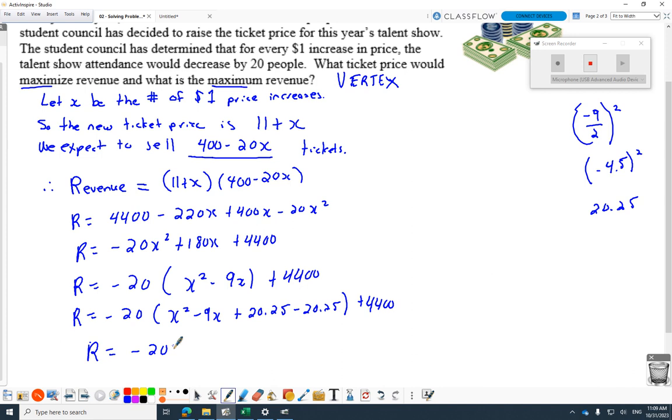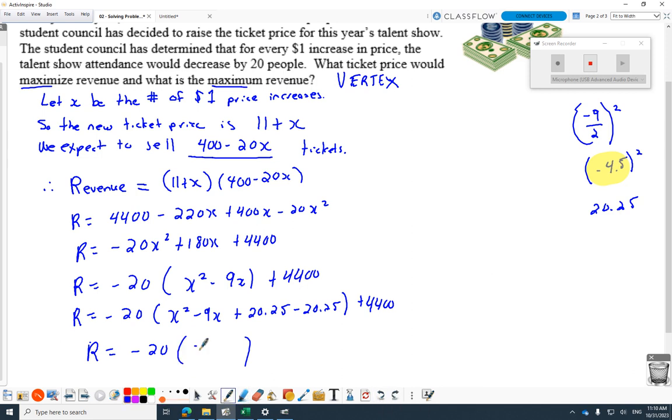Factor this thing. Half. Two things that multiply to 20.25. Look where I'm looking. Two things that multiply to 20.25, but add to negative 9. It's right there. Get your highlighter out. 4.5. Whoops.